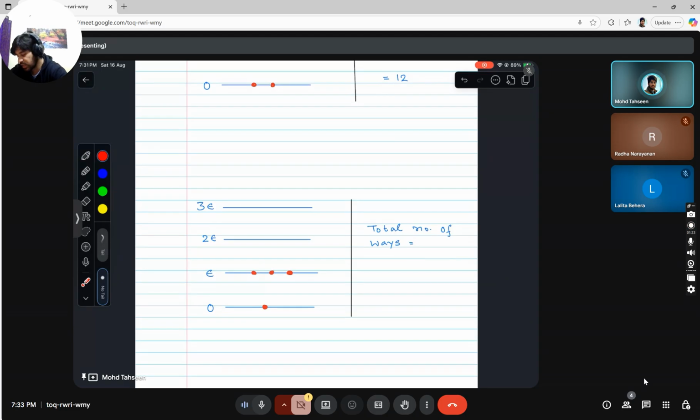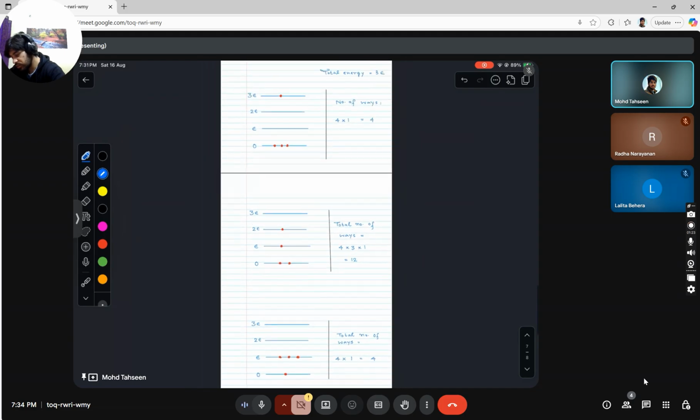Does anyone want to take a guess? Sir, 4. Yes, exactly. If we look at this microstate, this can be filled in 4 ways, because there are 4 particles and 1 energy level, and then for the remaining 3 there is only one way to put them in one energy level. So the total number of ways here would be 4.